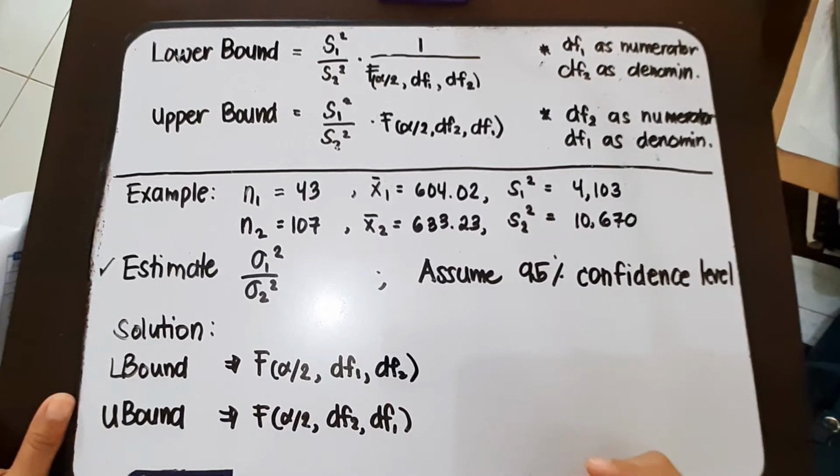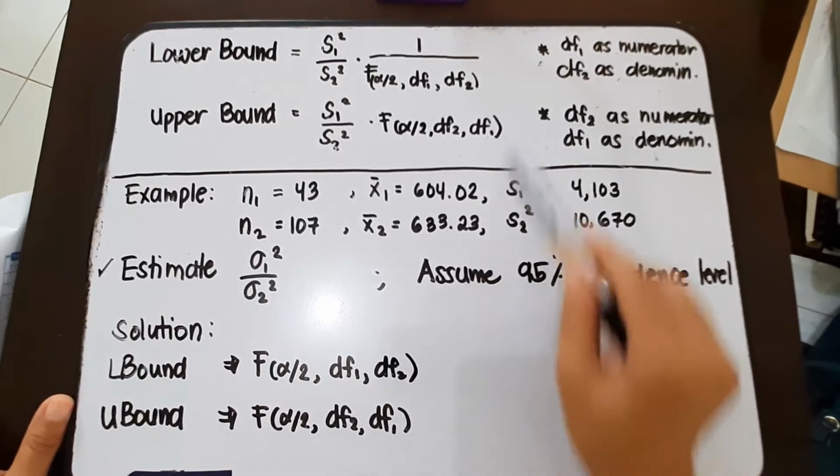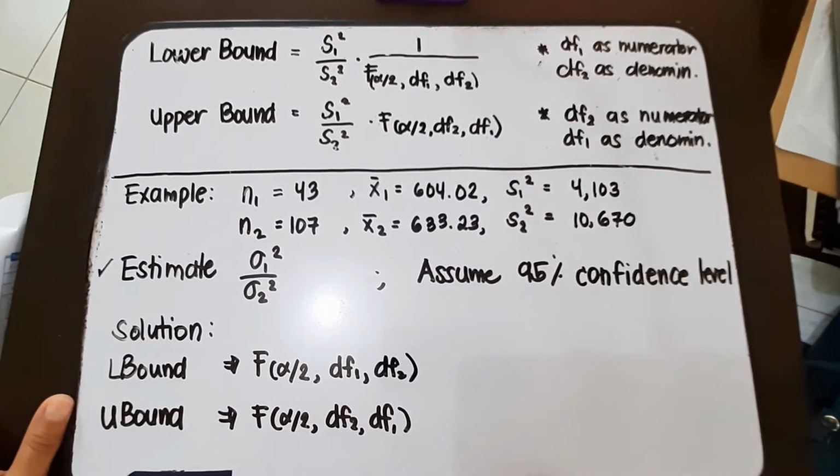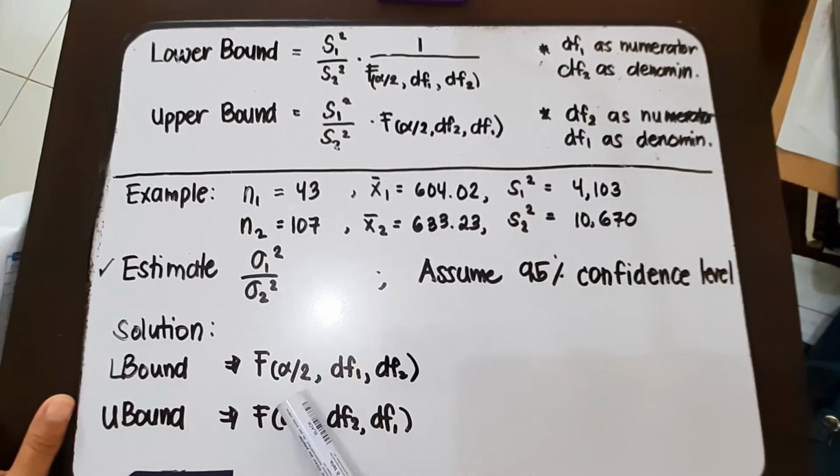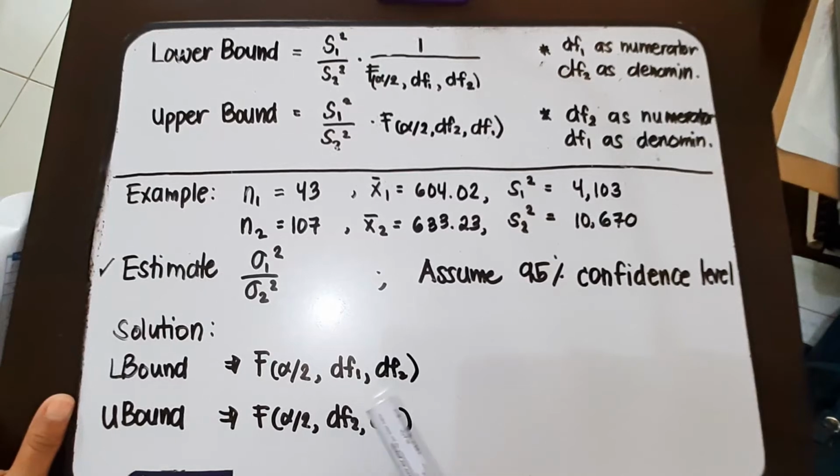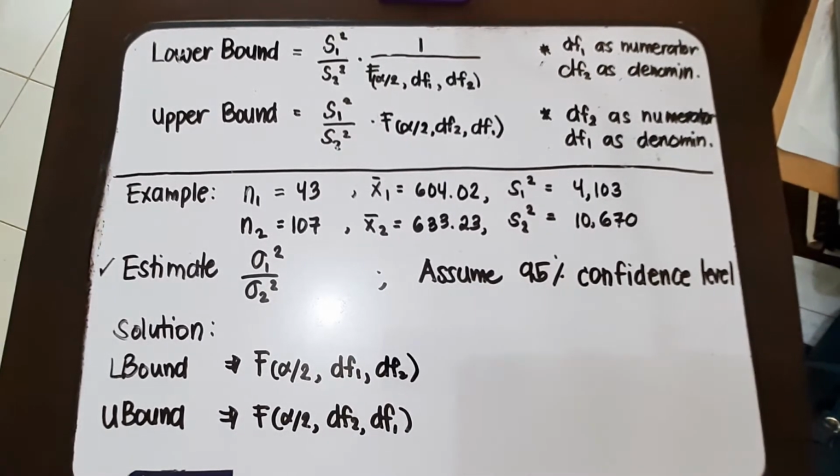The first thing that we are going to do is to get these critical values of F. So for the lower bound, we have this F alpha over 2, degrees of freedom 1, degrees of freedom 2. And for the upper bound, we have degrees of freedom 2, degrees of freedom 1.